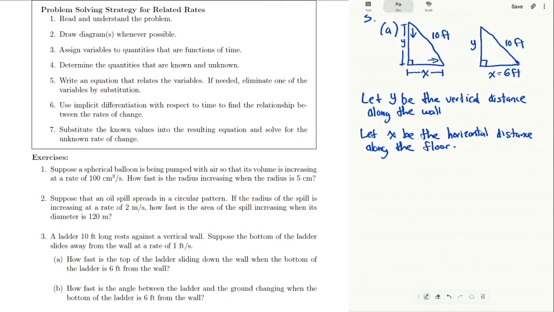So let's write down the given quantities. So we know that the bottom of the ladder is sliding away from the wall at 1 feet per second. So as a derivative, that is dx over dt, and we're given that it's sliding at 1 feet per second.